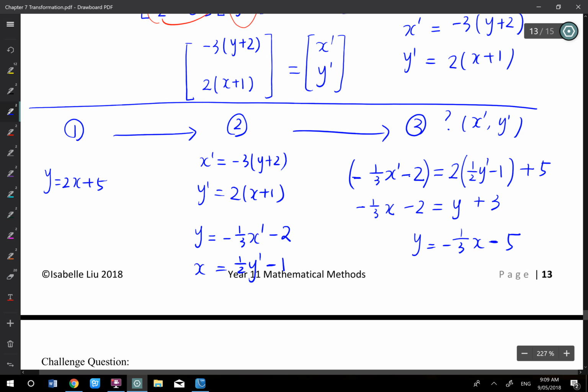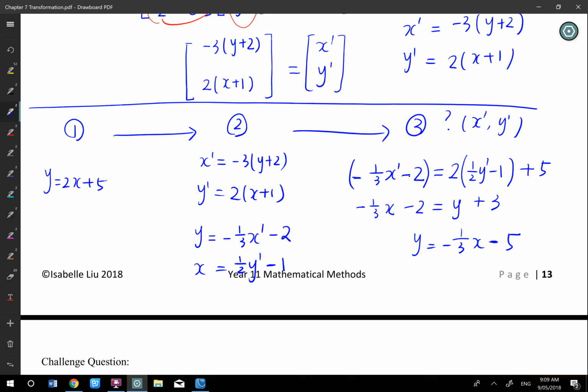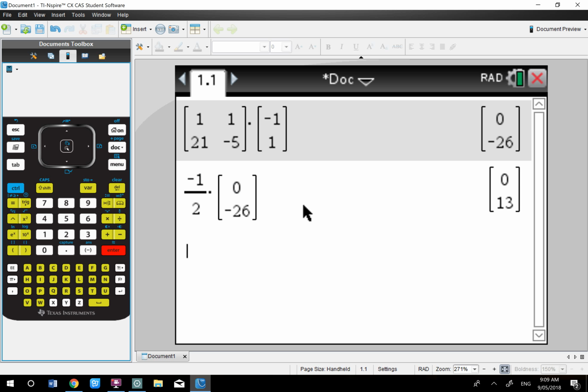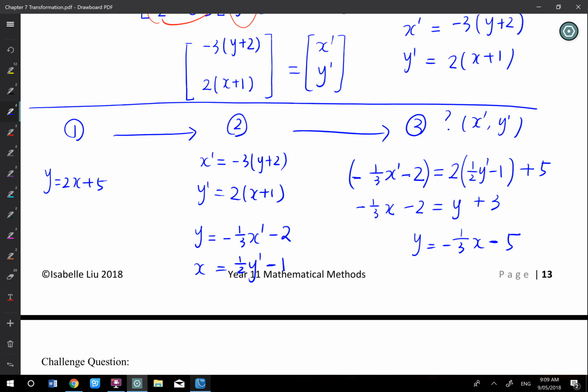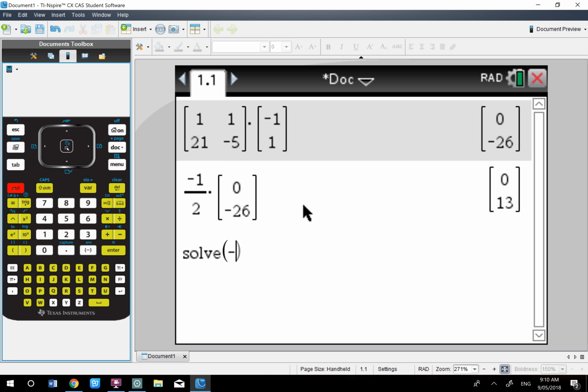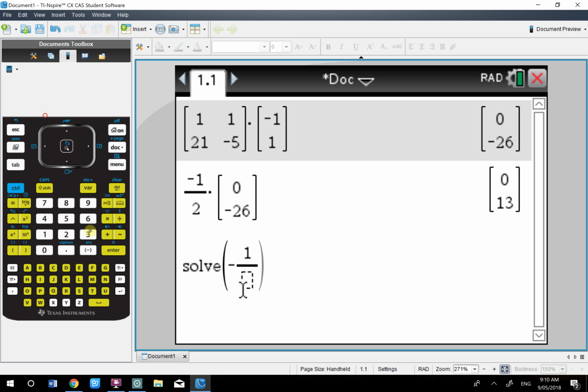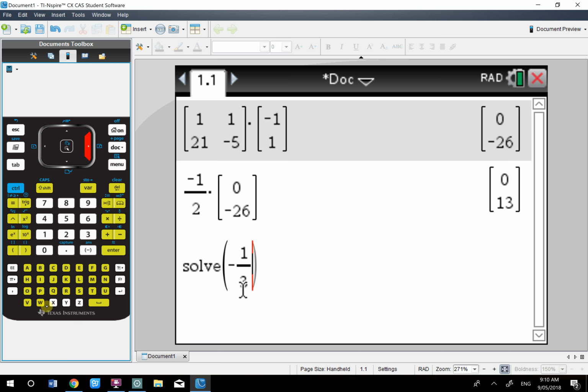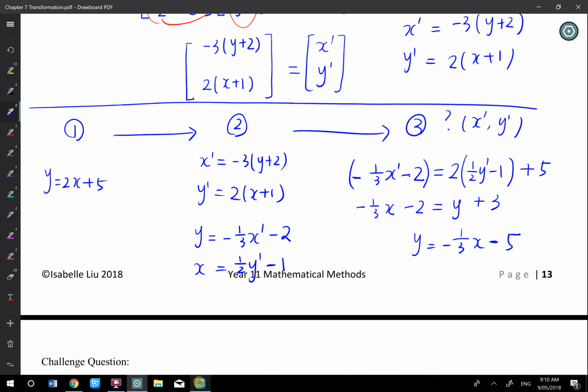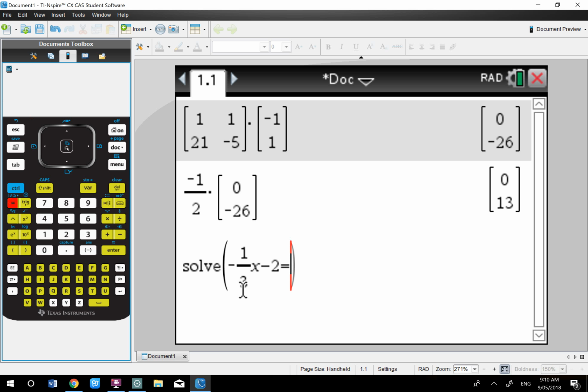That's by rearranging. But do you know, I can rearrange things in the calculator? Hope everyone knows that. So I can go menu 3-1. You can see that later. I'll just do the calculator bit. 1 over 3x minus 2 equals 2 times bracket minus, do you have the minus?